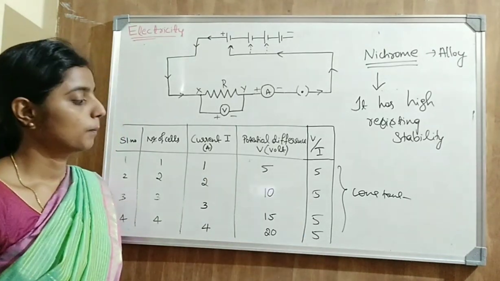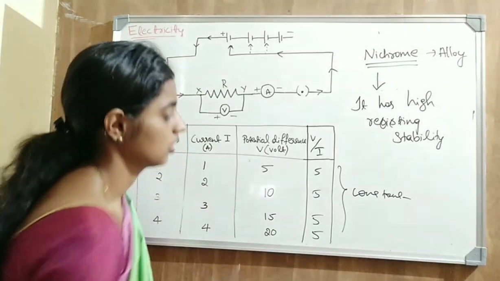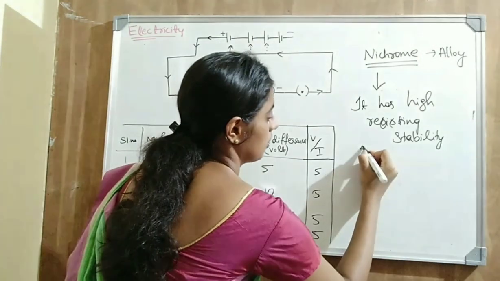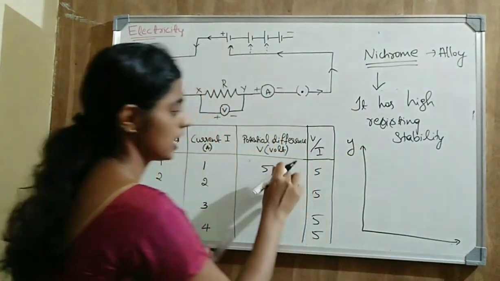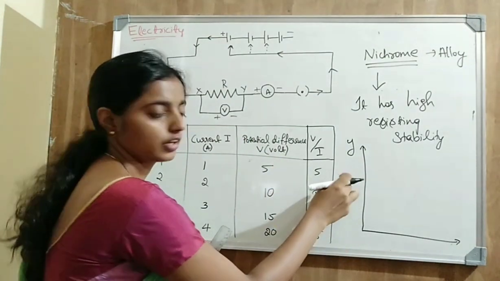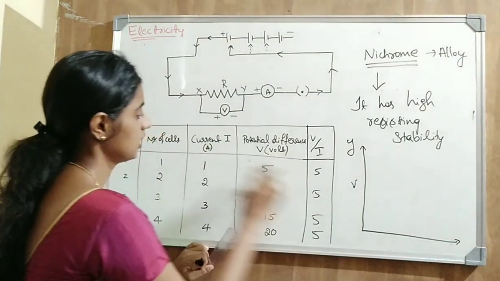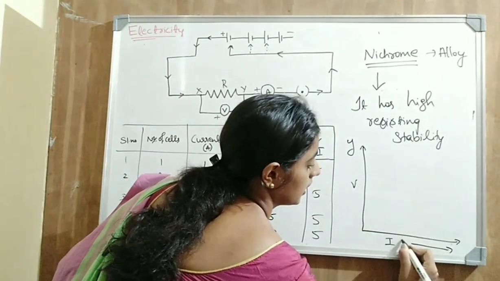Now let us plot a graph for these readings. So let us take y-axis as potential difference. We need to write potential difference here, that is V, and here current, that is I in ampere.